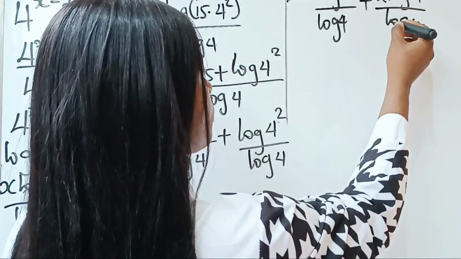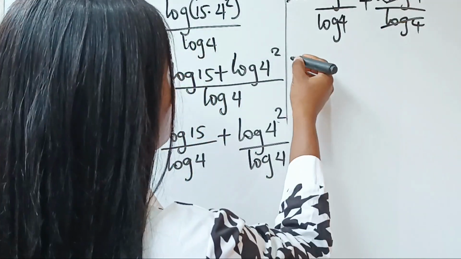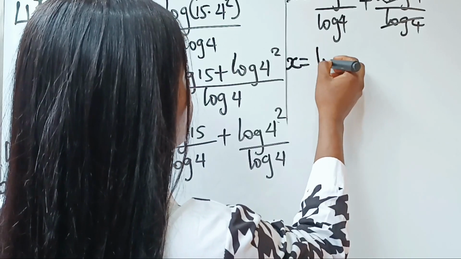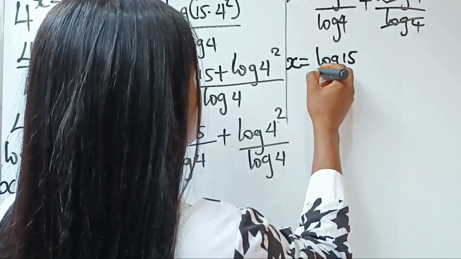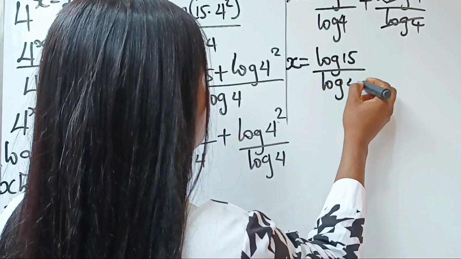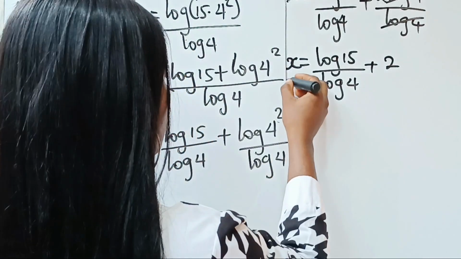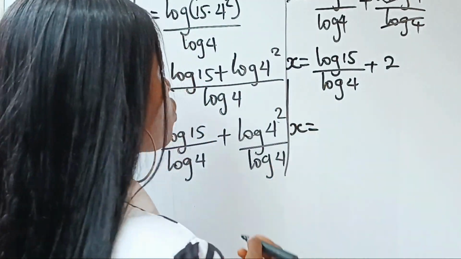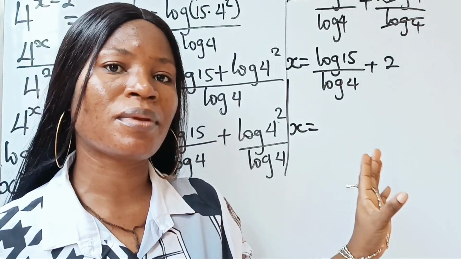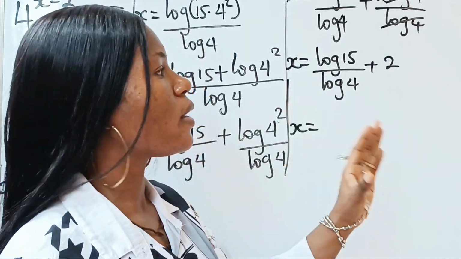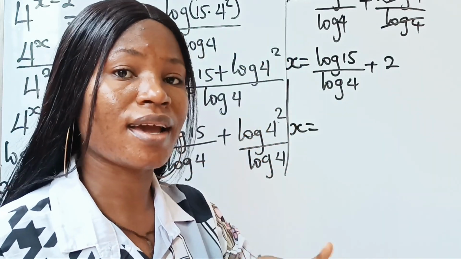Now log 4 will cancel log 4, so we have that x is equal to log 15 divided by log 4 plus 2. Recall that we are trying to get the simplest form of this x so that we can substitute it into the equation and get the answer.